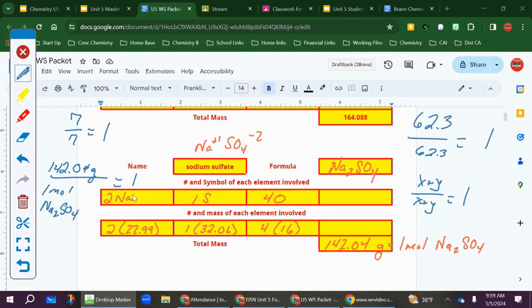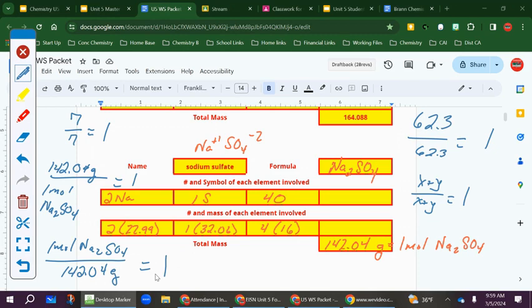Because it's the same. Anytime you have 2 quantities that are equal over one another, what do you get? 1. 1 mole of Na2SO4 over 1 mole of Na2SO4. Yeah, 1.